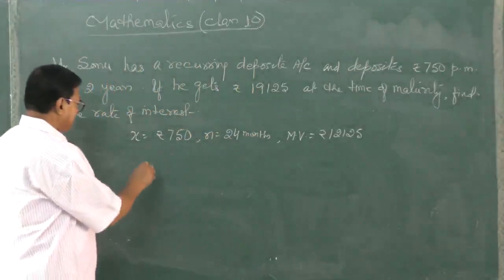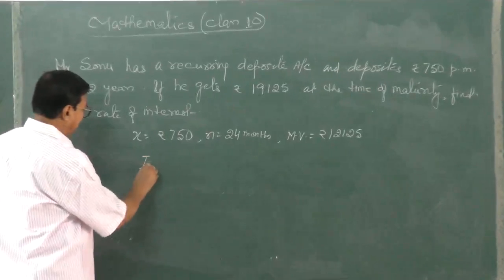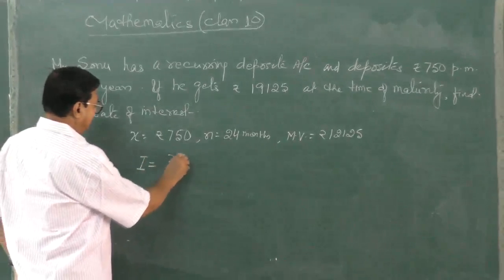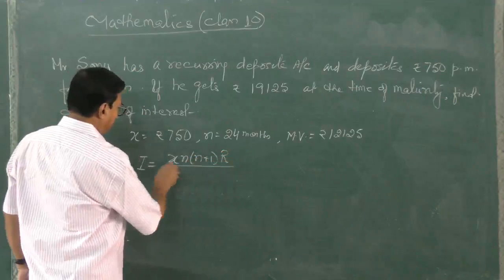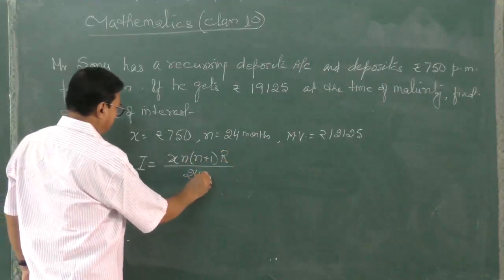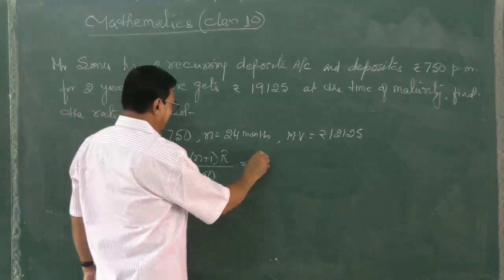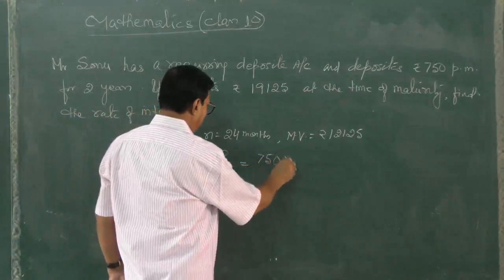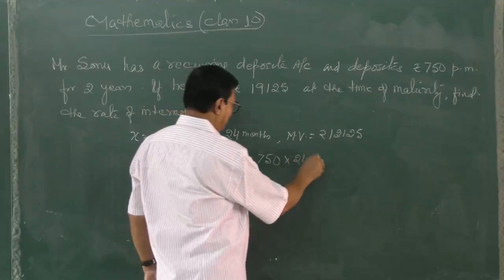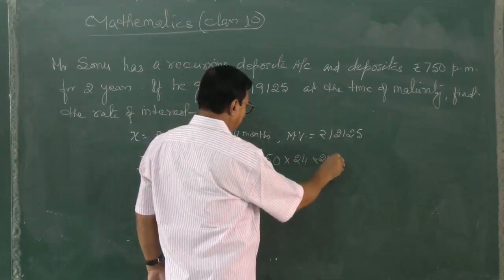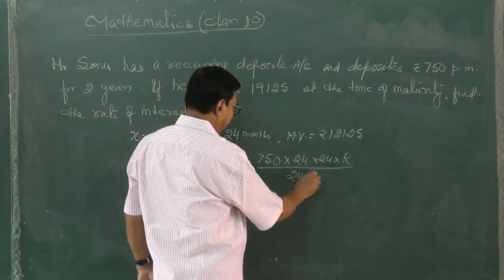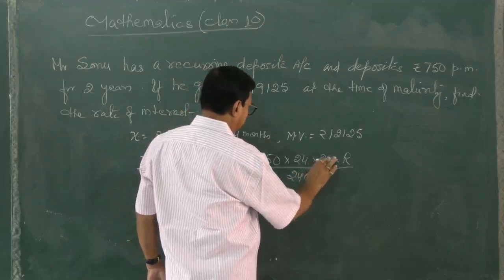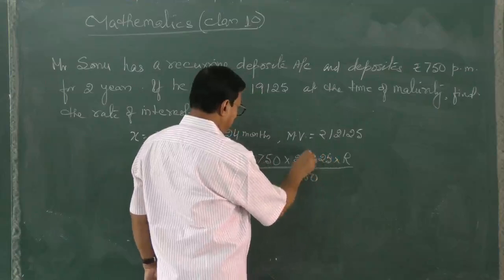So first thing, we can use the formula, interest is x into n plus 1 into r by 2400. This is x is 750, n 24 into 25 into r by 2400.